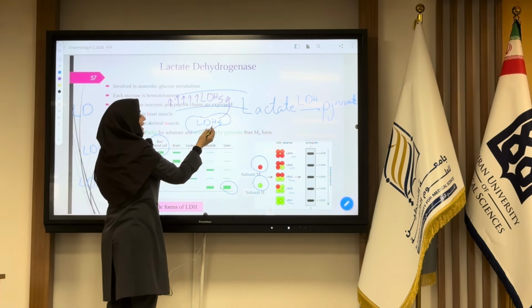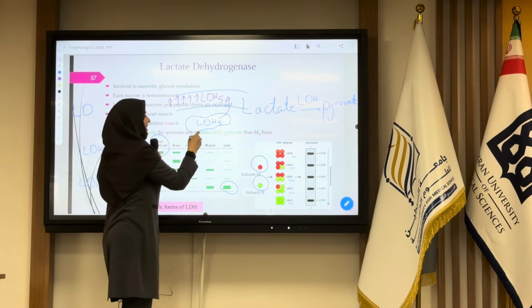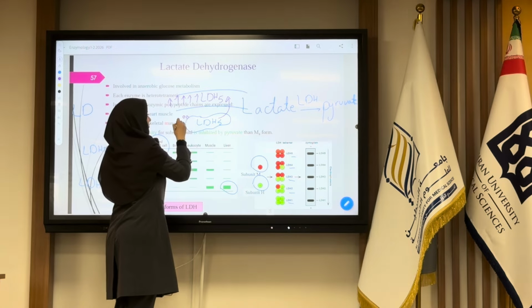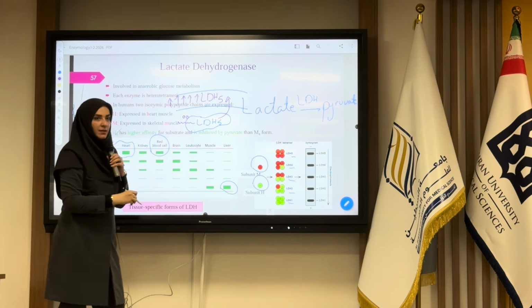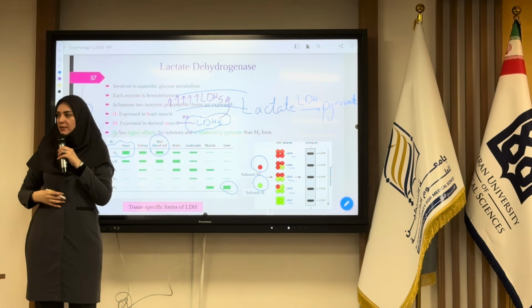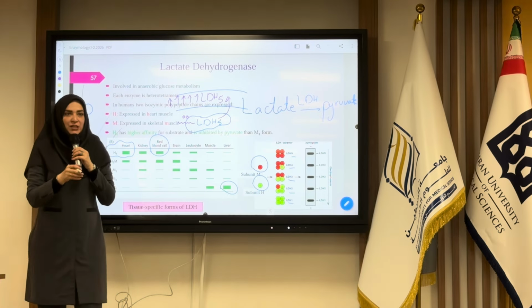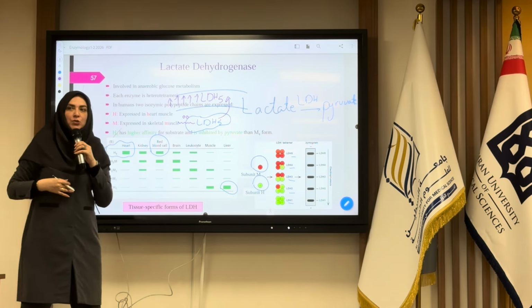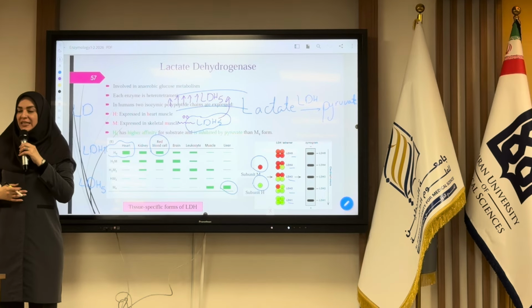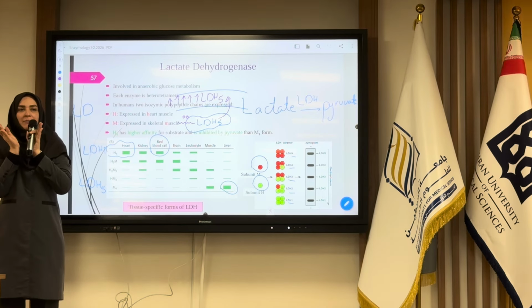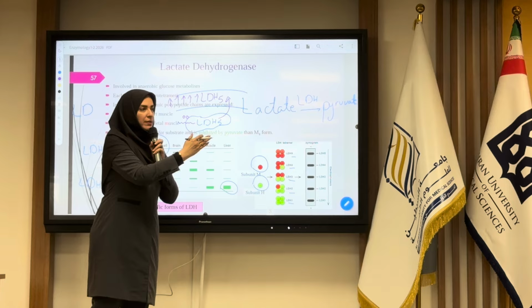Why? Absolutely, there is damage here. Like hepatitis, like consumption of alcohol. When you take alcohol, your hepatocytes become damaged. They cause a breakdown of the cell membrane, and the enzyme enters the bloodstream.